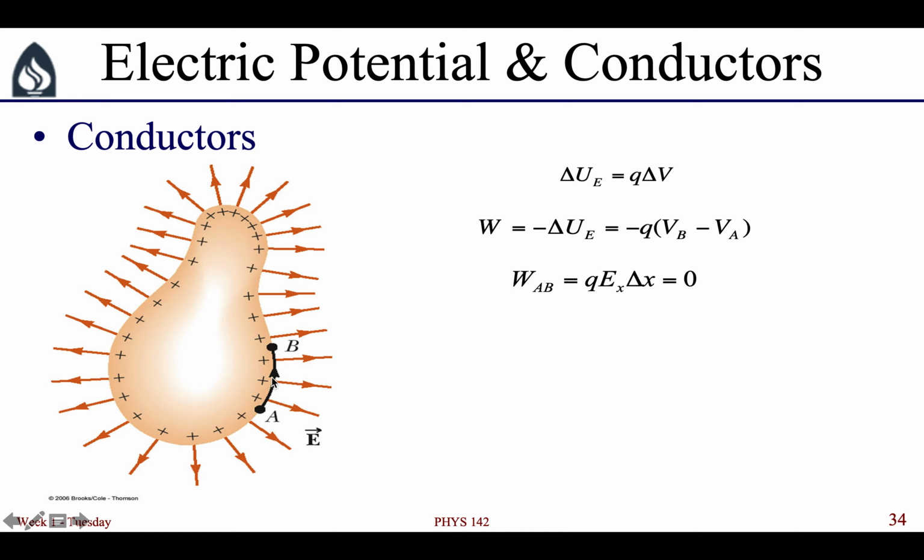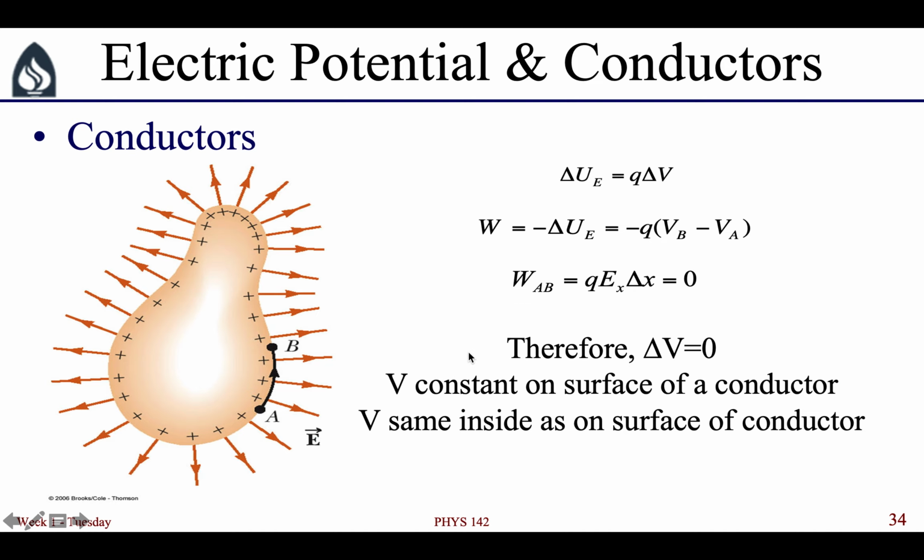There's no component of the electric field in the direction of motion, so that electric field component is 0, so the work done in moving the charge from point A to point B is also equal to 0. But if the work is equal to 0, then there must be no potential difference between point A and point B.